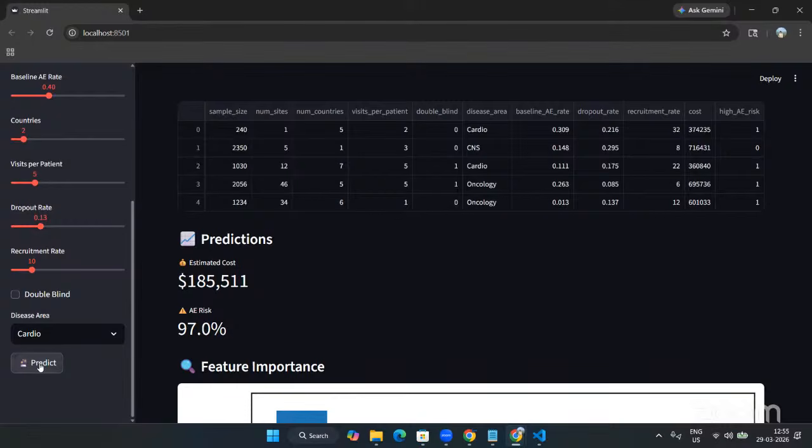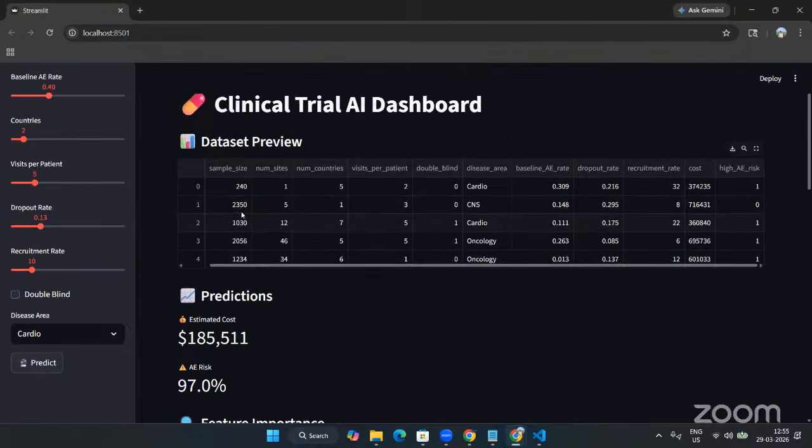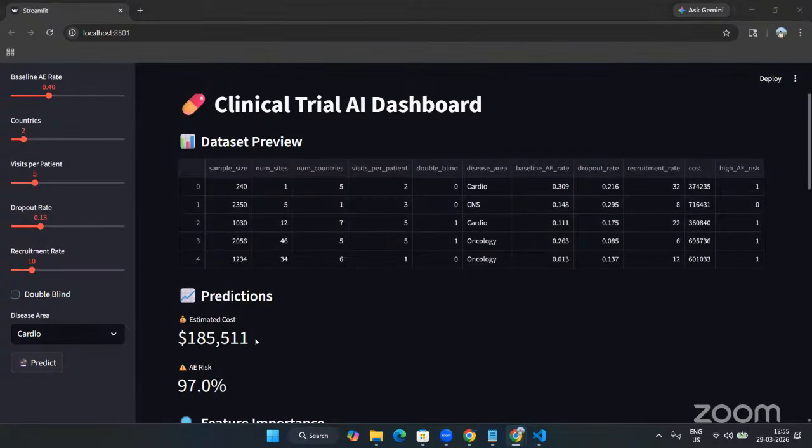Once again, this particular model, we cannot rely on this. It is not something to be used in real time. For that, we actually need real data, and the model should get trained on the real data. Then we can expect the model to learn in a better way.